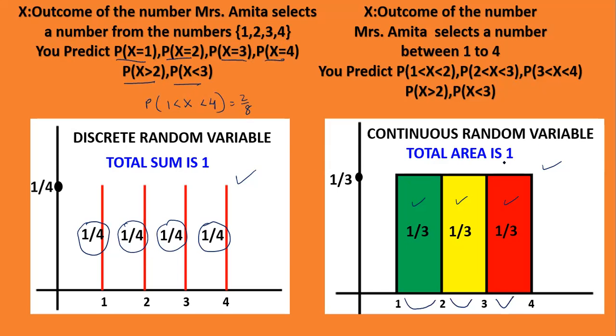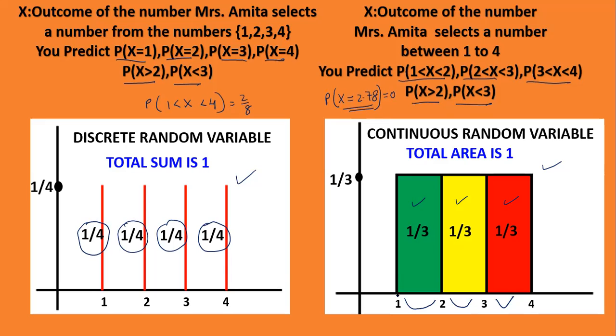However, in the case of continuous random variables, you cannot find point-wise probabilities. You see, I have not written probability x equals 1. If she thinks of a number, for me, it's almost impossible to predict. If you find the probability that she thought of a number like 2.78, it will be 0.